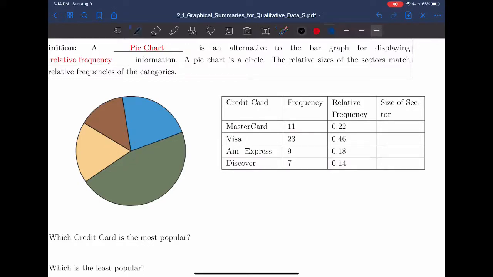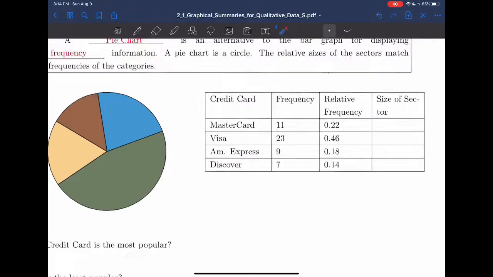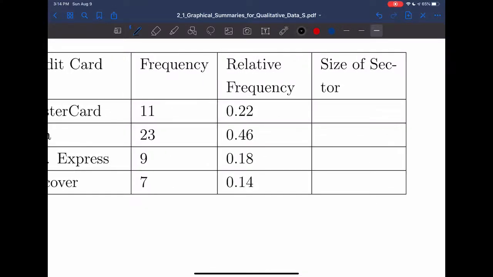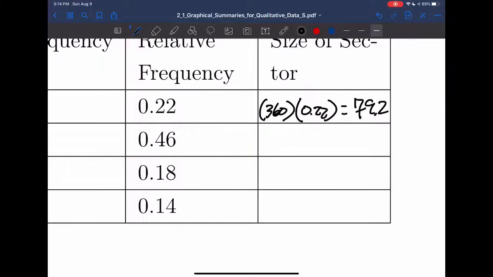So let's look at the first one. We know that in a circle, there's 360 degrees. So all we have to do is 360 times 0.22. And this 0.22, I just got from our relative frequency distribution. And if you do the math, this should be 79.2, but we could just round this to 79.